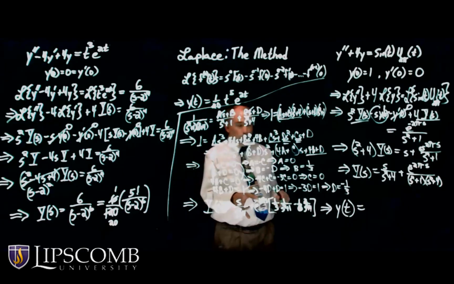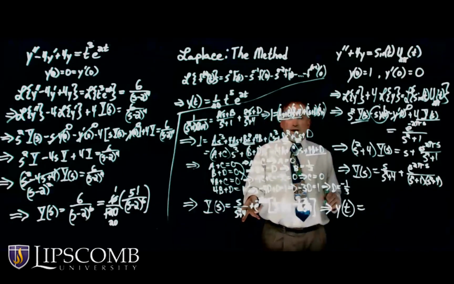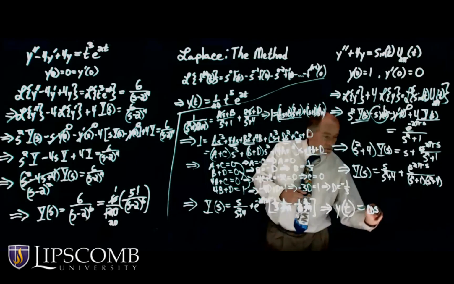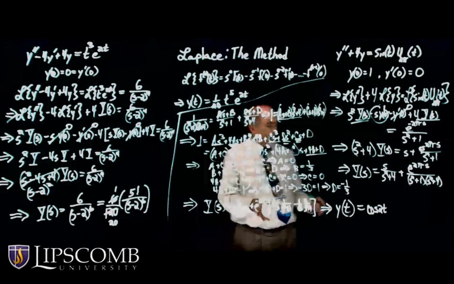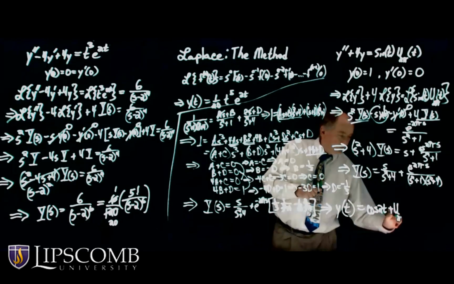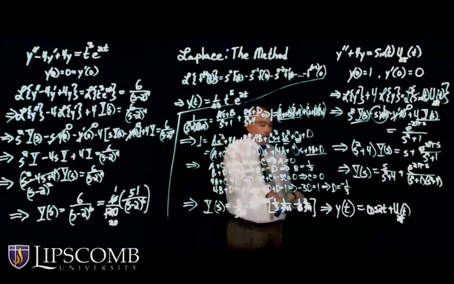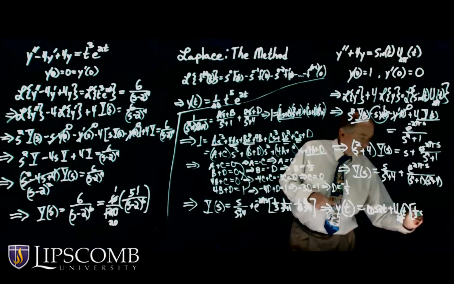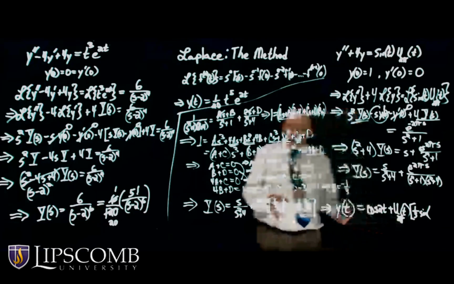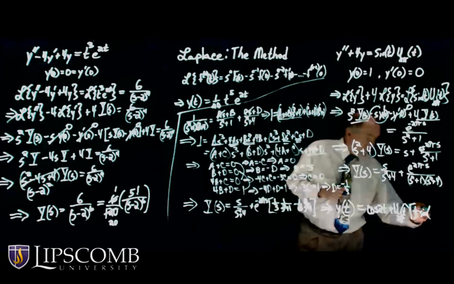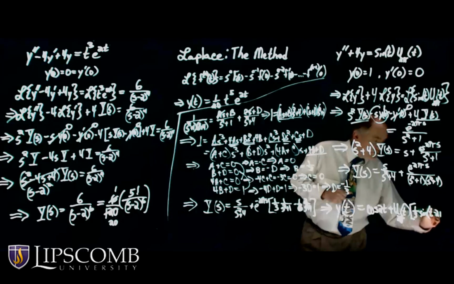Y of t, well, what's the inverse Laplace of s over s squared plus 4? Well, that's cosine 2t. Now, plus, I know this is the second shifting theorem, so u sub 2 pi of t. Now, this would be times 1/3 sine of, now, that's usually sine of t. But second shifting theorem, I don't put t, I put t minus 2 pi.